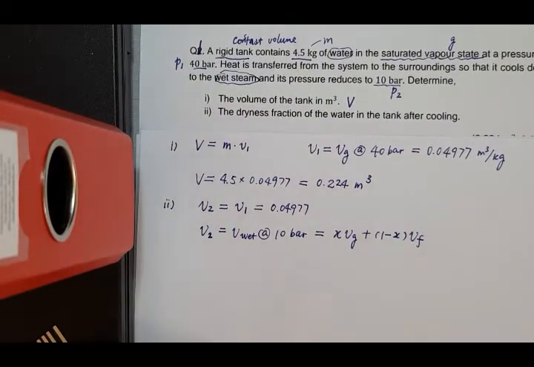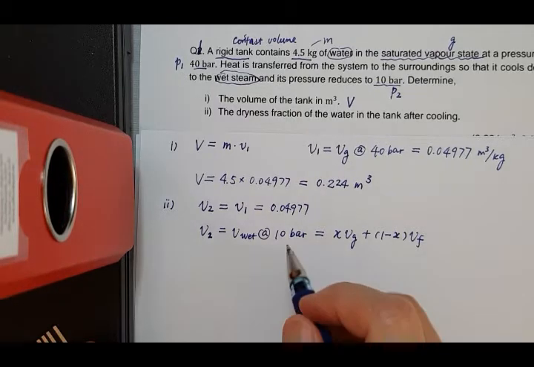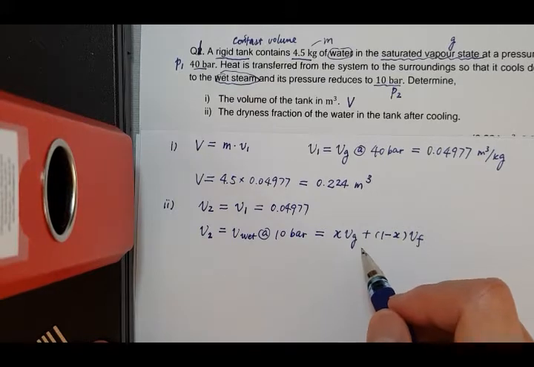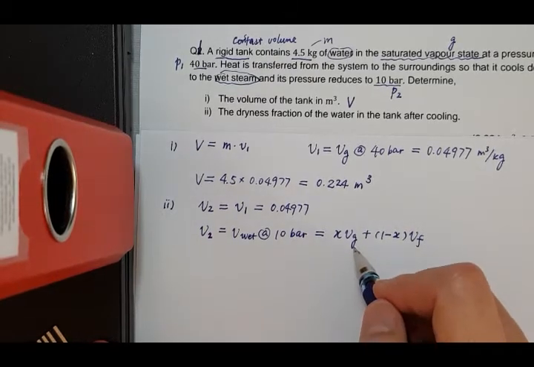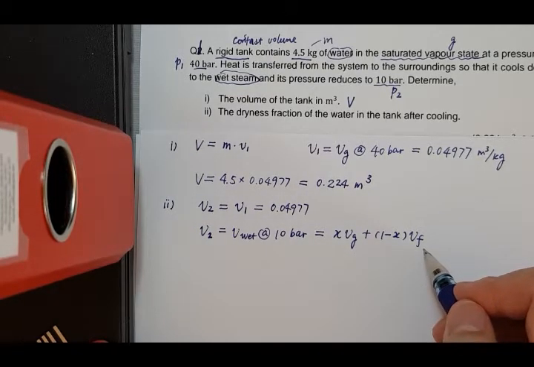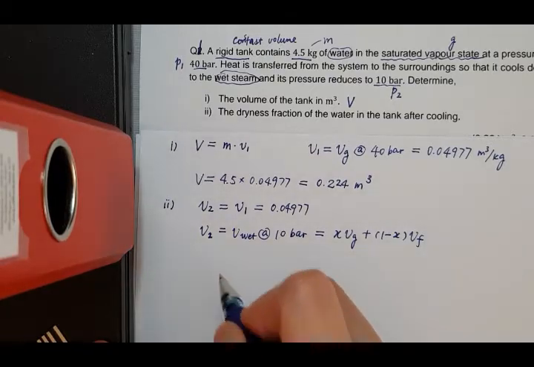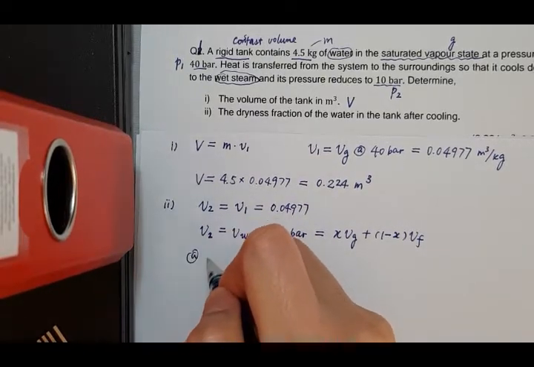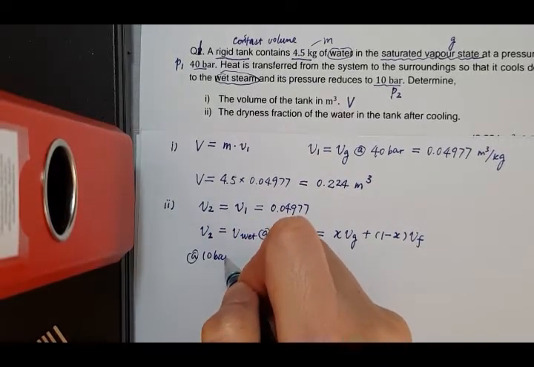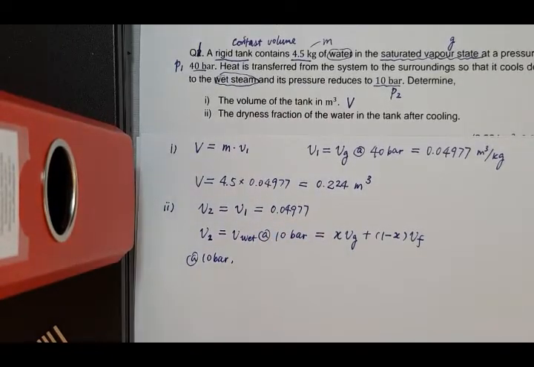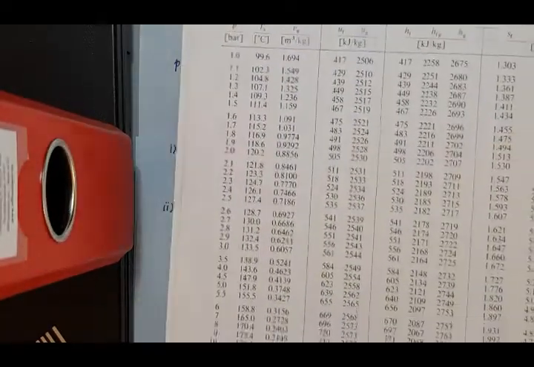Right, okay, so now what we can do is, at this new pressure, the end pressure of 10 bar, according to the steam table, we will be able to find the Vg and the Vf. So at 10 bar, we just check the steam table again.